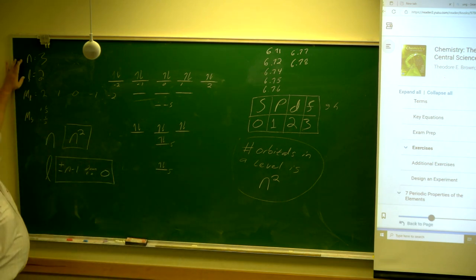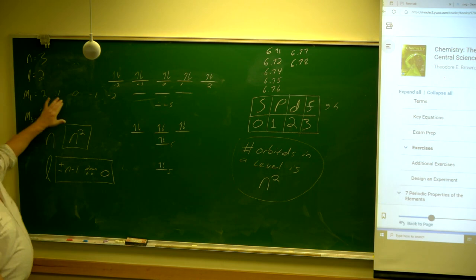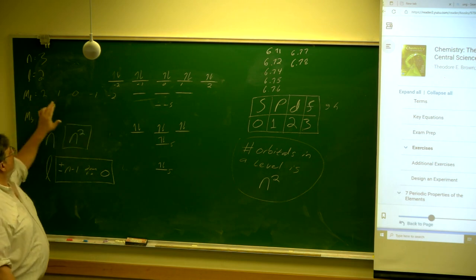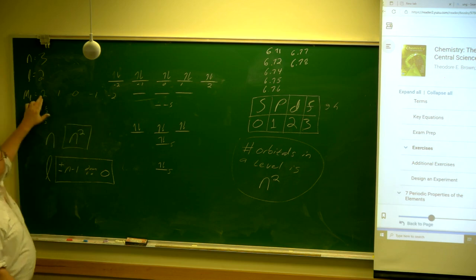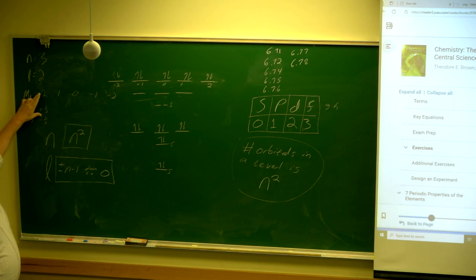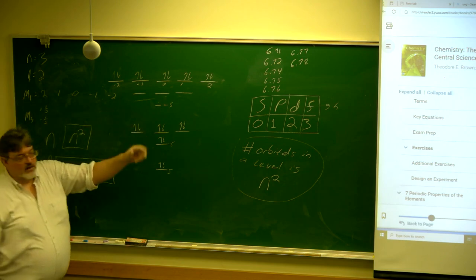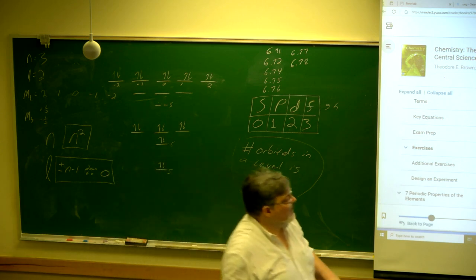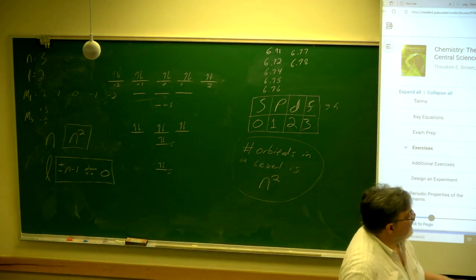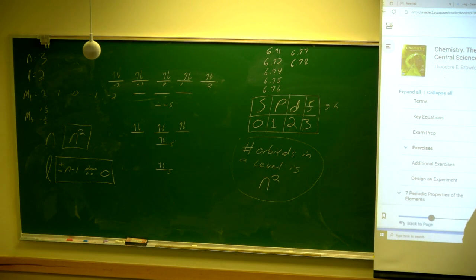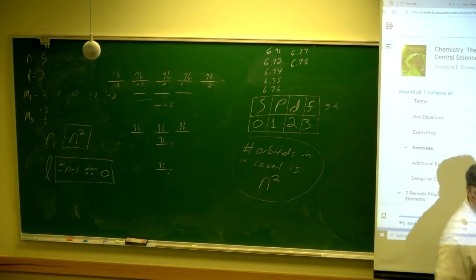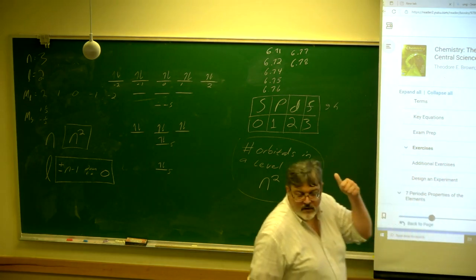The first 2 will be the same, but you've got 1, 2, 3, 4, 5 different possibilities from here, and two more possibilities here. That's the 10 electrons there. So this question is saying the maximum number of electrons that can have these 2 as their first 2 quantum numbers. It's those 10 in that d orbital.